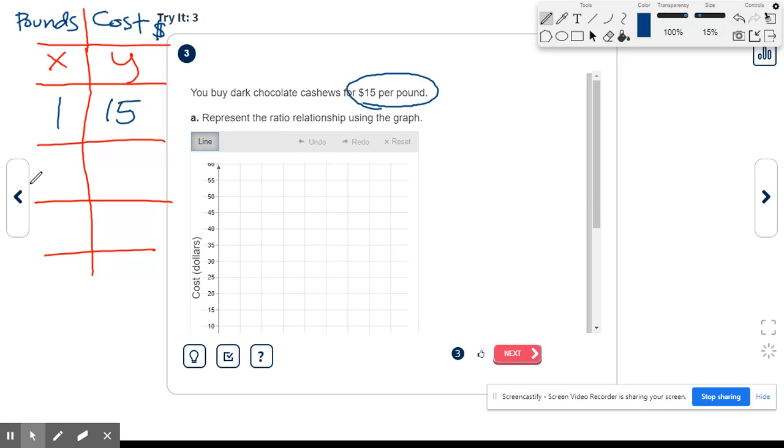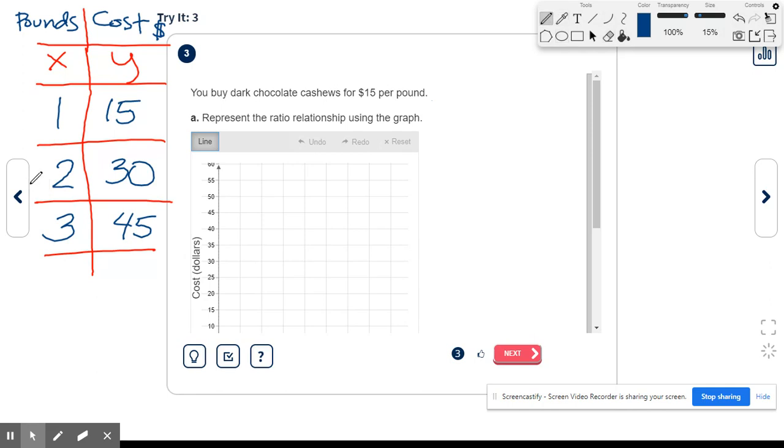If you buy 2 pounds, you add another 15, and that makes it 30. If you buy 3 pounds, you add another 15, and that gives you $45. Now, we do have our ordered pairs, all right?